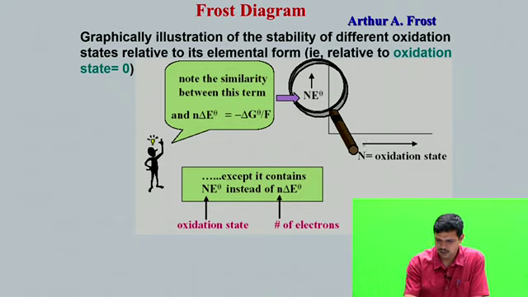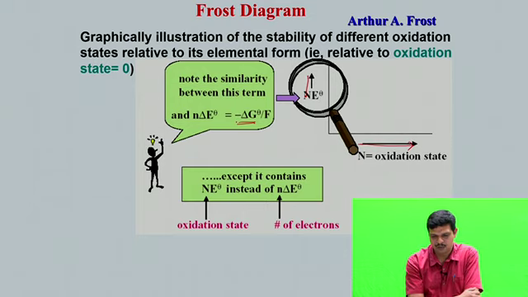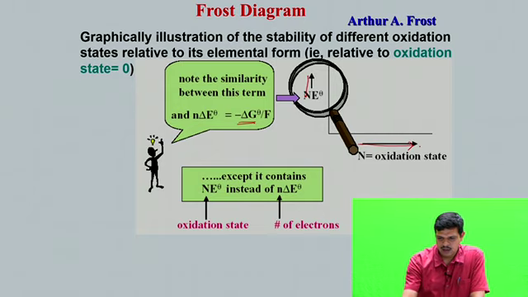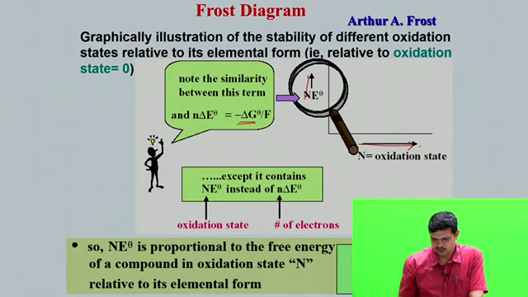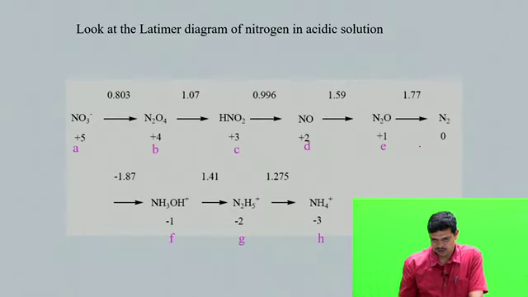Here is the oxidation state, and this is the number of electrons associated, and this is basically the redox NE0. As I told, this is parallel to your delta G0 thermodynamic parameter, this is the y axis, this is the x axis. I will come to this with an example.